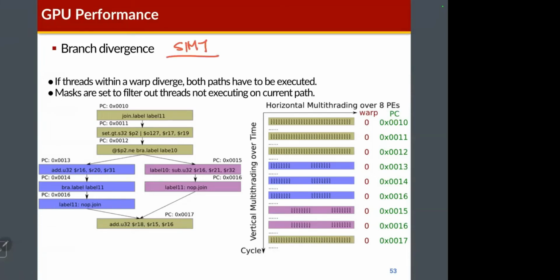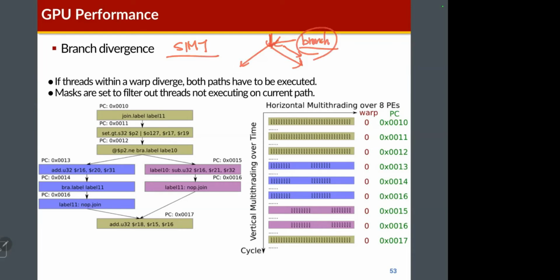What is branch divergence? When a branch is executed, the thread can be executed to this execution path, or to another execution path chosen by the branch instruction.